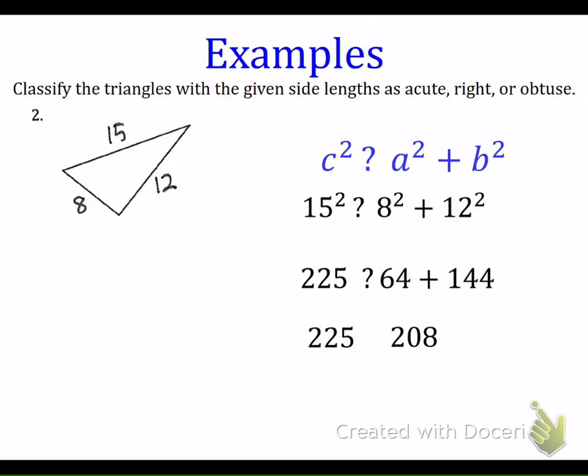So which one's bigger? The 225. So that's the C side. If the C side is the bigger one, what type of triangle are we looking at? Obtuse. Very good. Remember, for the C side to get bigger, the C angle would have to get bigger. So if you have a big old angle, it's going to be obtuse. Questions?